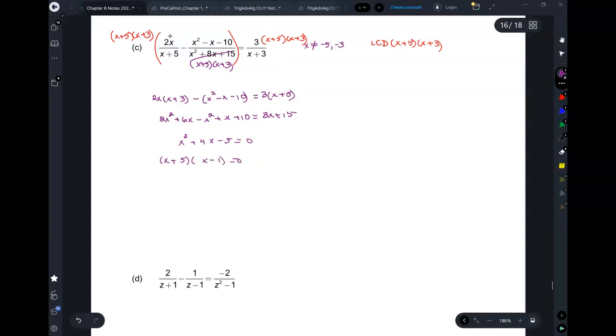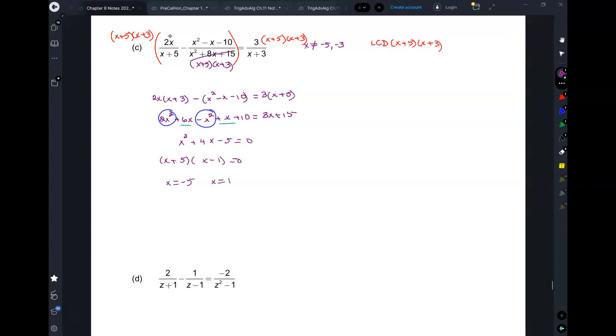Where did we go wrong? Distribute the negative. Oh, I see, there are several x squares. Now this tells you x equals negative 5 and x equals 1.